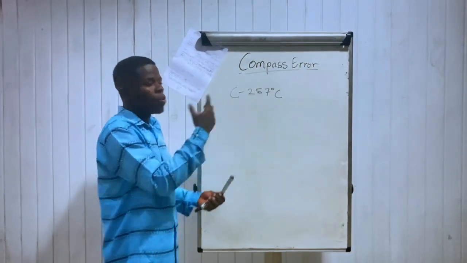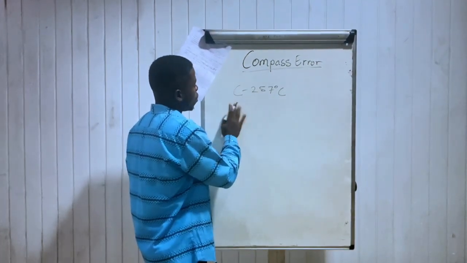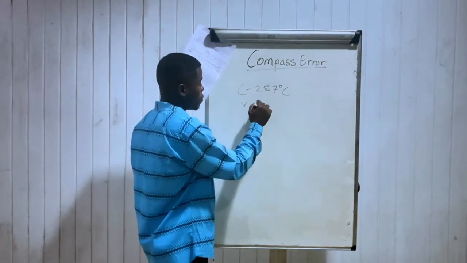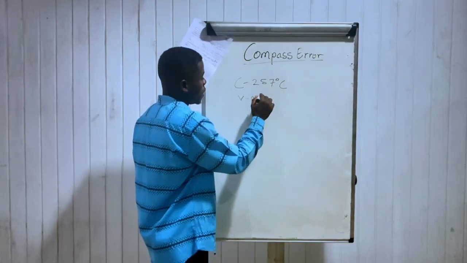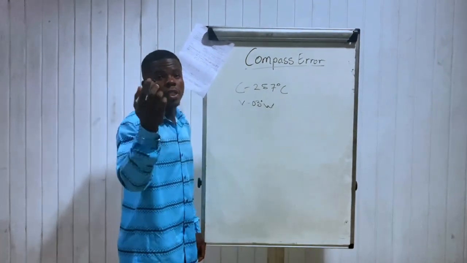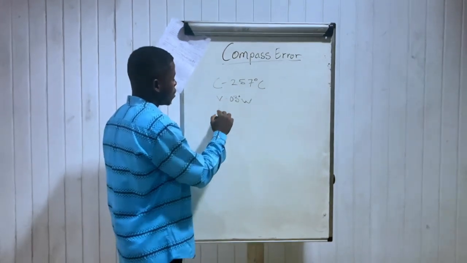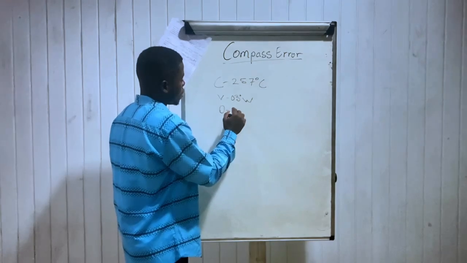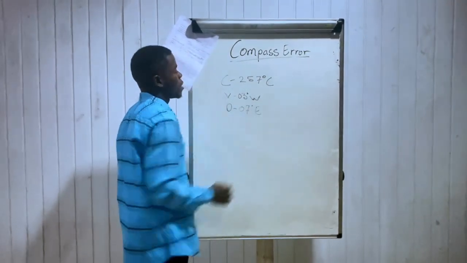Okay, and you have your variation, V, to be 3 degrees west, and you have your deviation to be, let's say, 7 degrees east.